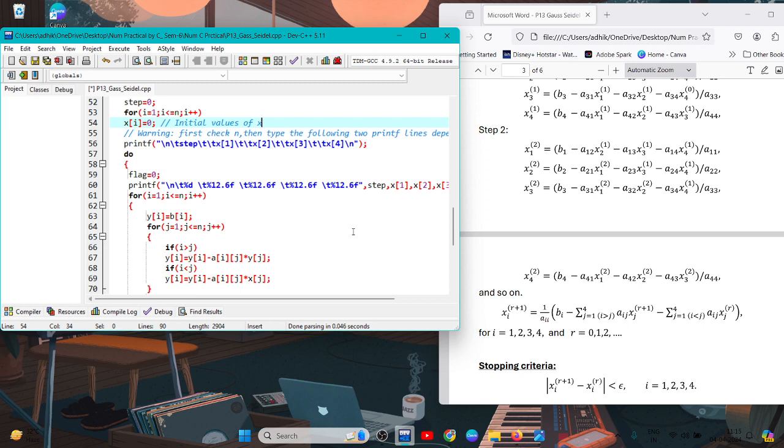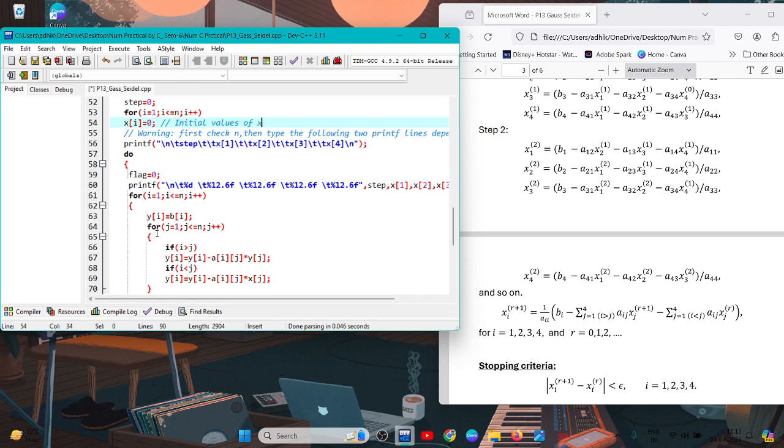If i is not equal to j, from this compact notation we use xj from the present state values of xj. Here i equals j, so we omit this if.